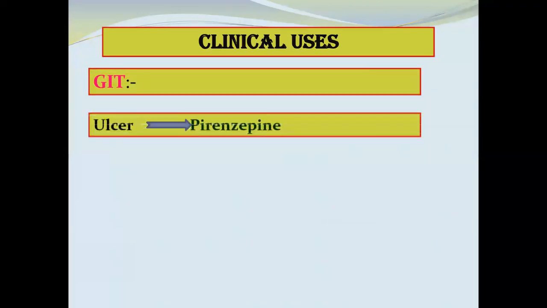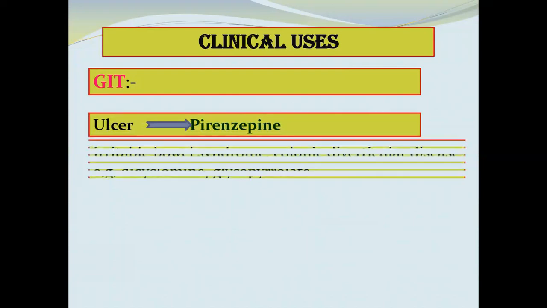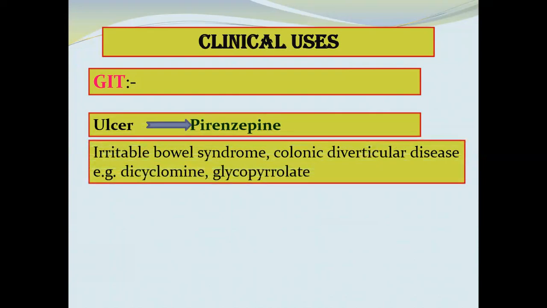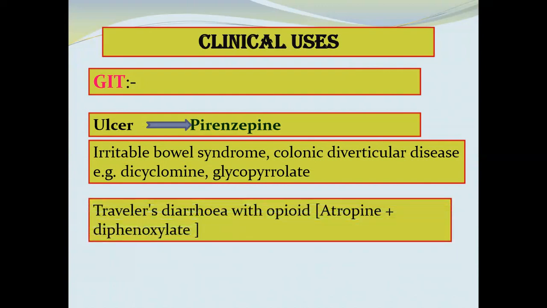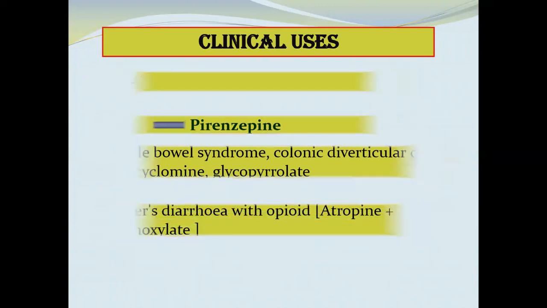In the GIT, for ulcers, pirenzepine is used in the treatment of GIT ulcers. In irritable bowel syndrome and chronic diverticular disease, drugs like dicyclomine and glycopyrrolate are used. In traveler's diarrhea, it is used with an opiate.